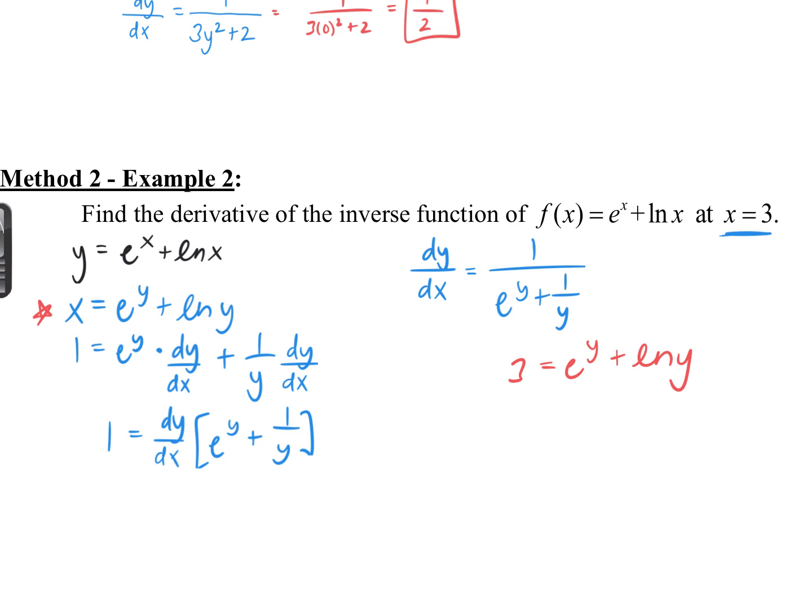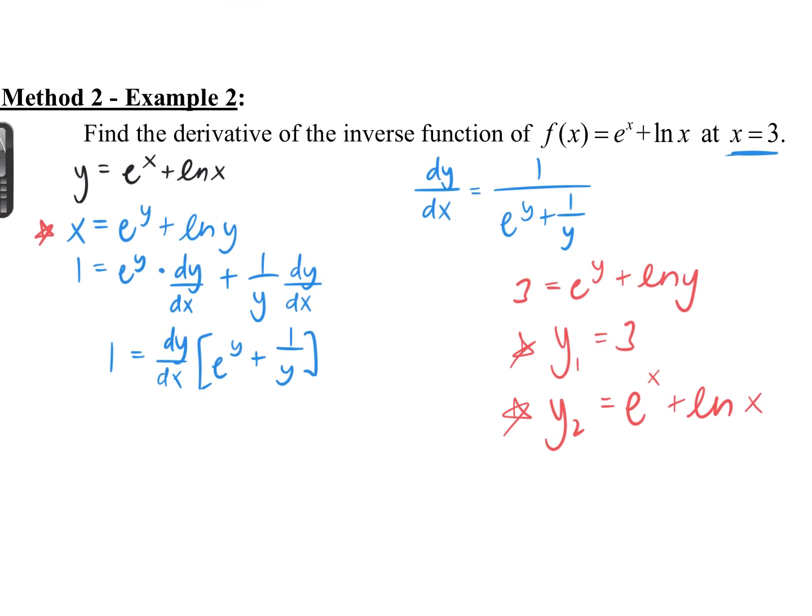So in your calculator, in your graph for y1, go ahead and plug in the left-hand side of the equation, 3. On the right side, you're going to plug in the equation e to the x, because it's going to freak out if you put y, plus the natural log of x. So in your y1, put 3. In your y2, put that function. And then we are going to figure out where they are intersecting, because where they intersect is the solution.